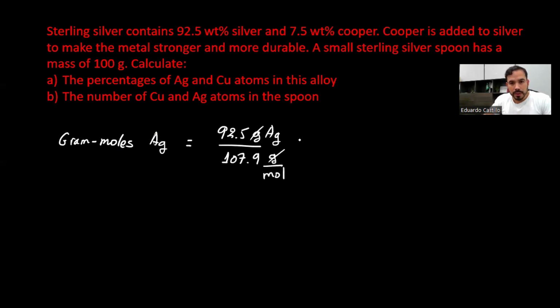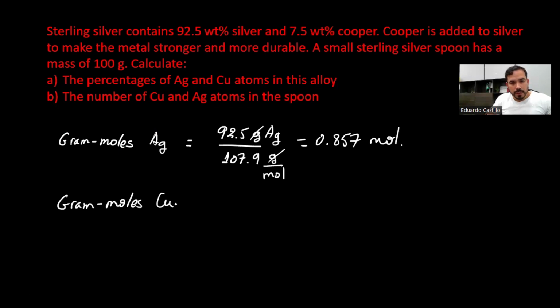So grams will cancel with grams, and we have 92.5 divided by 107.9. That is 0.857 moles.